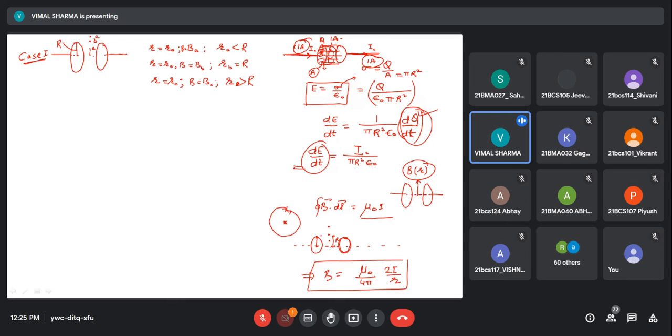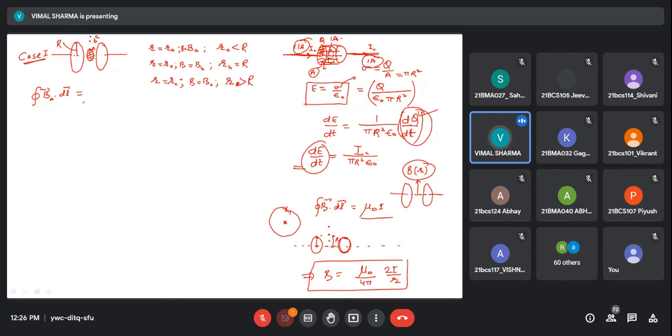So if we apply Ampere's law, now we have the modified form of Ampere's law. This will give us the magnetic field at point A. So I can write the closed line integral of B_a dot dl, where I draw the Ampere's loop here. This is Ampere's loop, and a plane surface is attached to it.